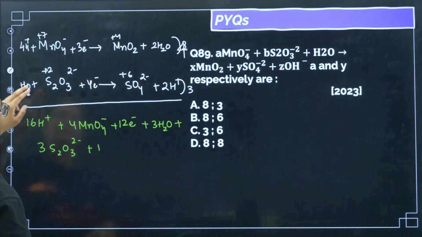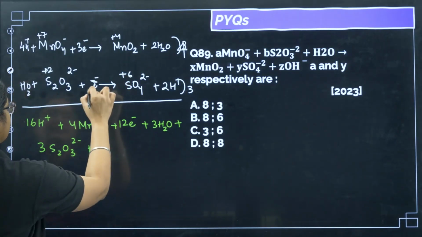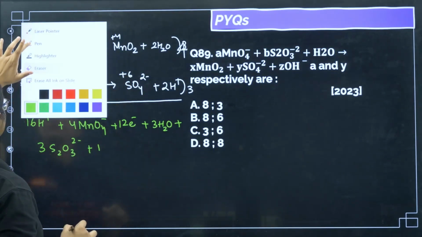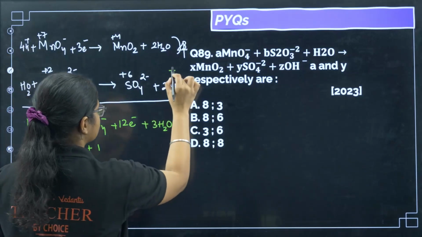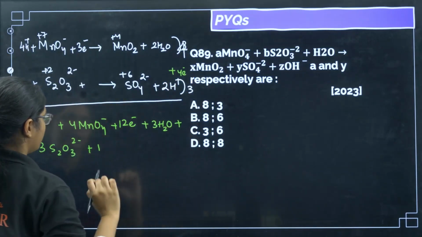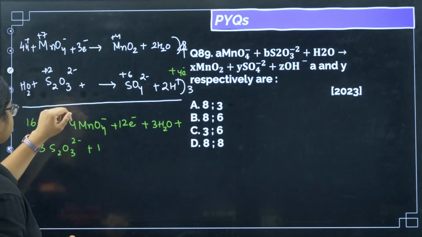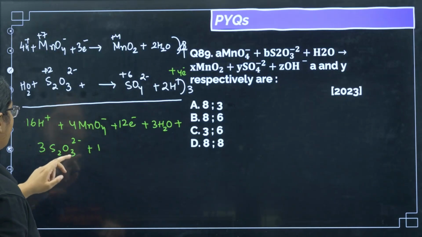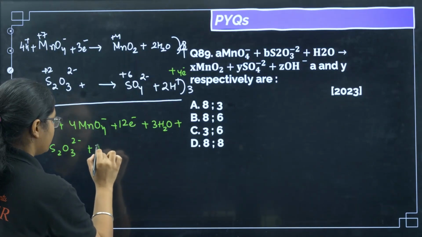Just a minute, +2 to +6, right? These 4 electrons will come on that side. It is oxidation, right? Oxidation is loss of electrons, so it has to be 4 electrons on this side. Apart from that, so I have 3 S2O3 and I have 3 water.